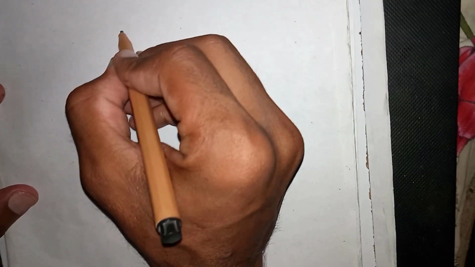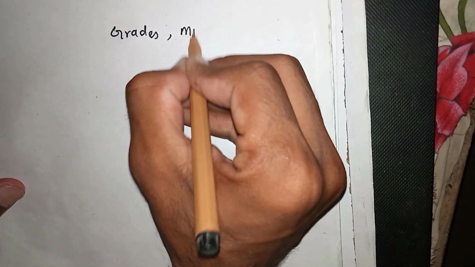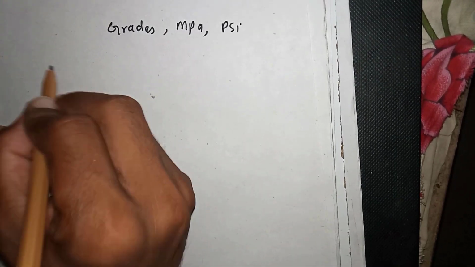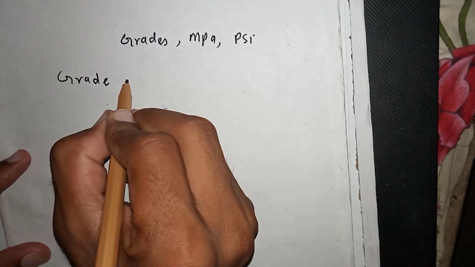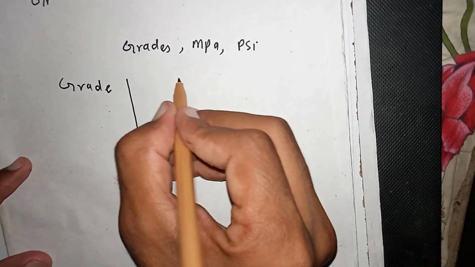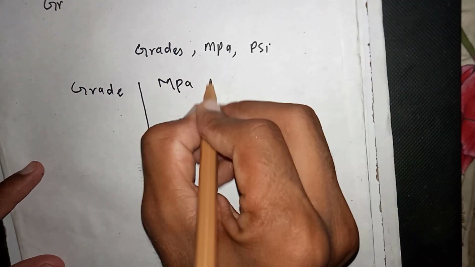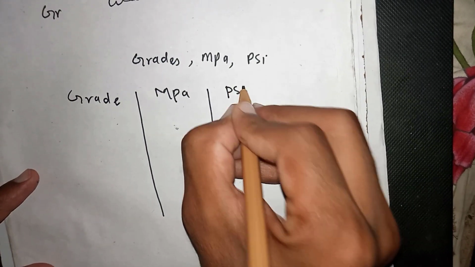So here I will write grades, their compressive strength in megapascal and in psi. That will be 28 days their compressive strength. So here I mention grade, here I mention their strength in megapascal, and here I will mention in psi what their strength.